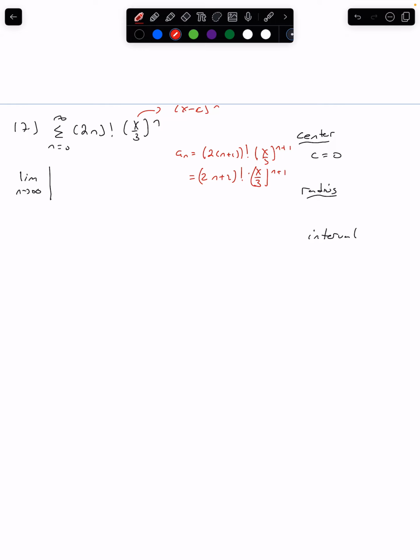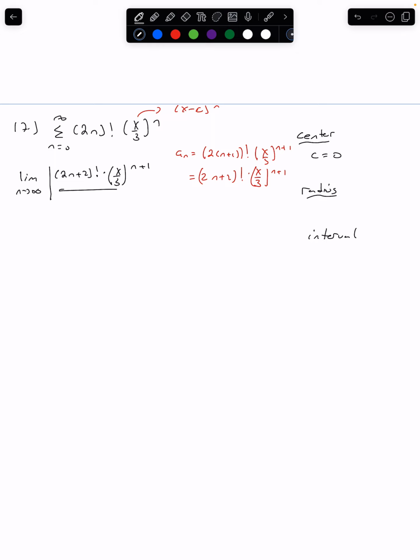So let's go ahead and write this out. Remember, it's going to be our next term. So that's going to be this, 2n plus 2 factorial times x over 3 to the n plus 1.